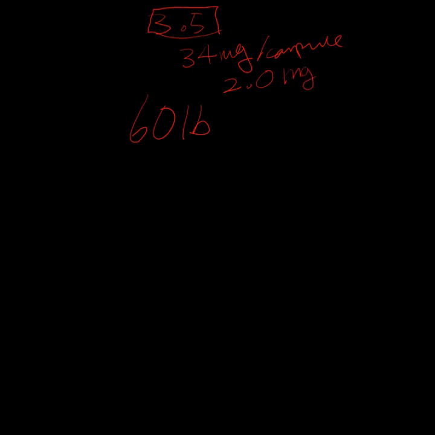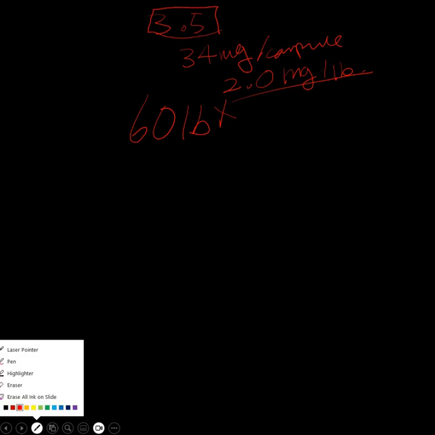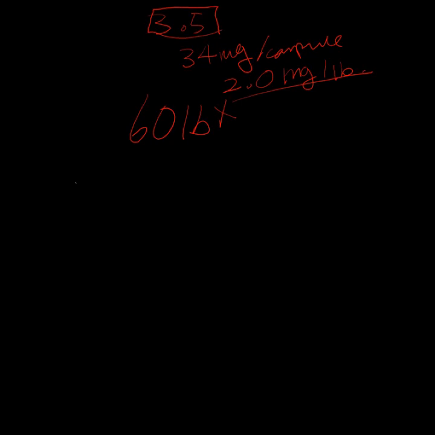milligram per pound, right? So if you multiply them, since it is per pound, I'm going to use another color. So 60 pounds times 2.0 milligram per pound.